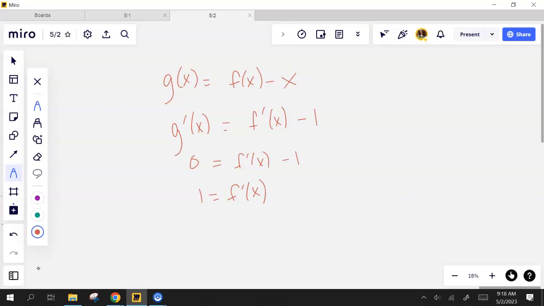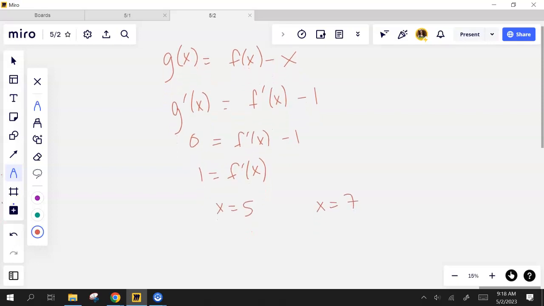Where is f of x 1? It happens in 2 places, 5 and 7, right? Do we all agree? 5, 7. What is my interval, from 0 to 7?